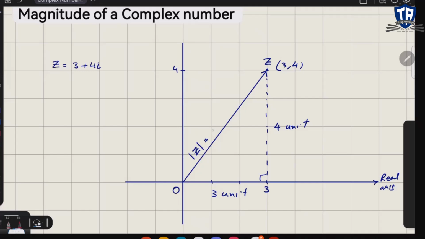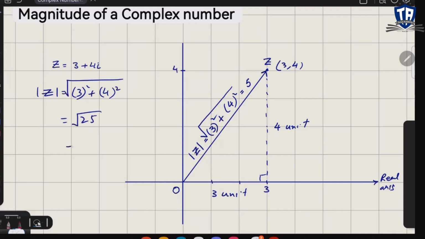When we apply the Pythagoras theorem, the real part square and imaginary part square will give us the length of this complex number. So the length of a complex number is equal to the square root of the square of the real part plus the square of the imaginary part, which is the square root of 25. So it is 5 units.